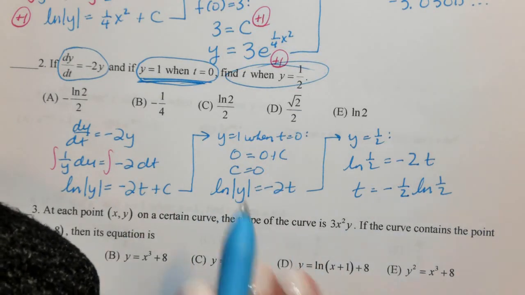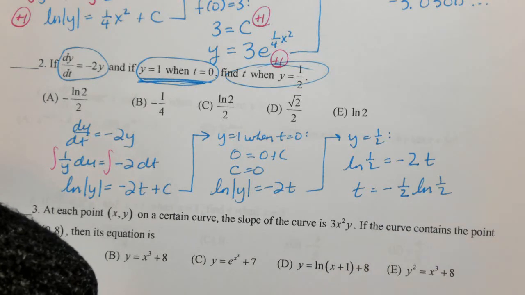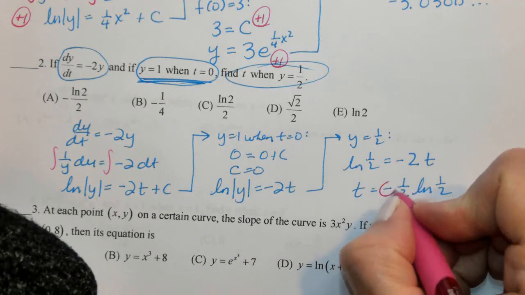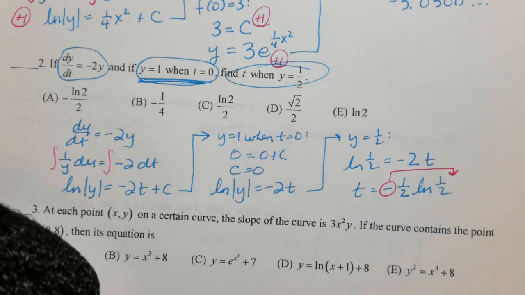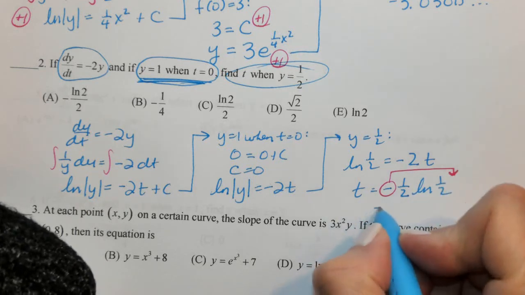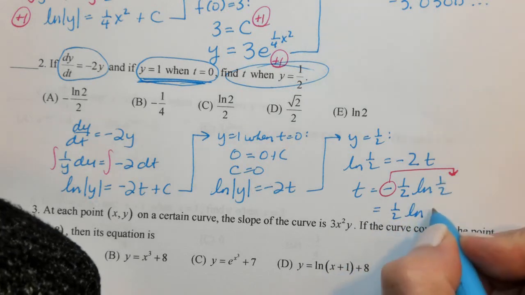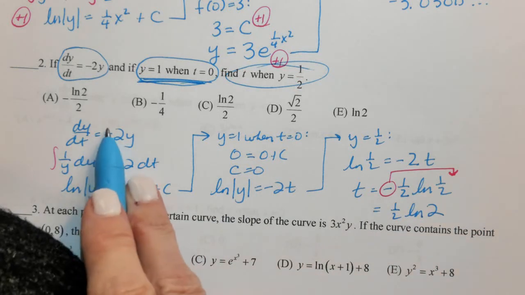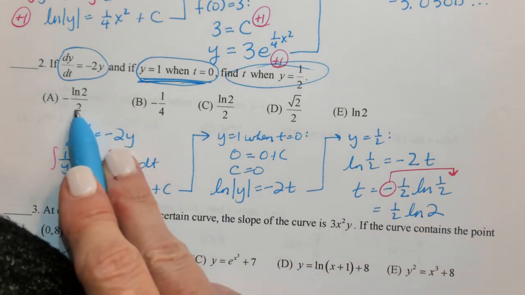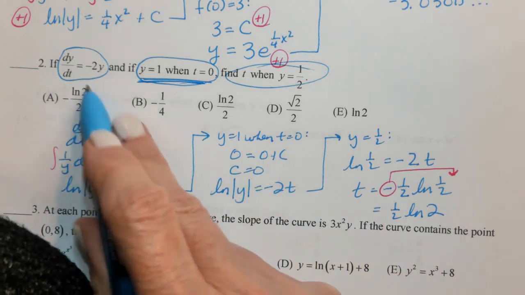So they must have played with it. They like to play with natural logs. Well, one thing that they would do is, if it's a negative, sometimes they'll move that up to the exponent. So if they did that, it would be 1/2 natural log of 1/2 to the negative 1, which is 2. Is that one of our choices? Ooh, this was close. But ours is positive, not negative. But that was close.